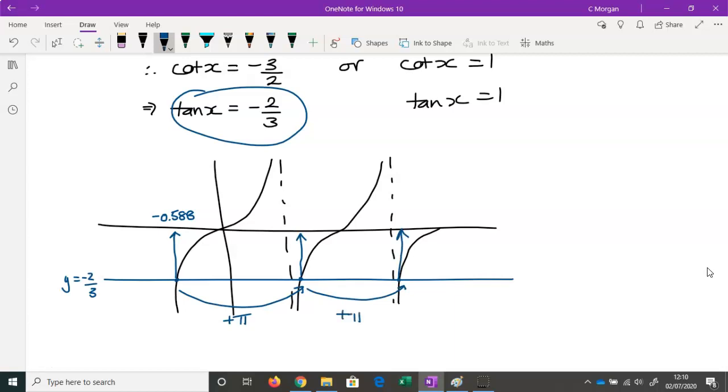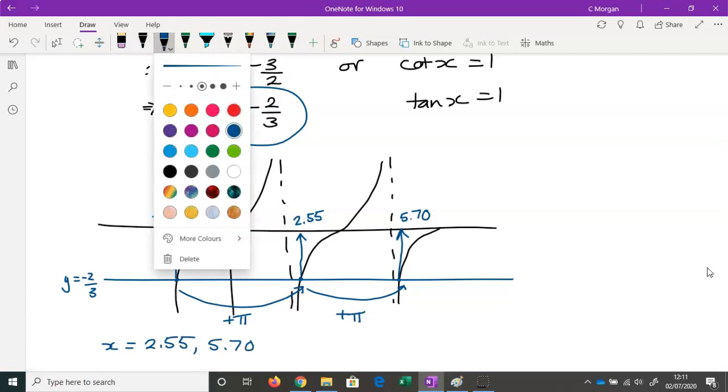So negative 0.588 add pi radians gives me 2.55. And if I add pi to that, I get 5.70. So I can see that x is 2.55 and 5.70.